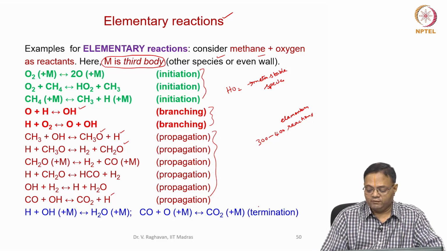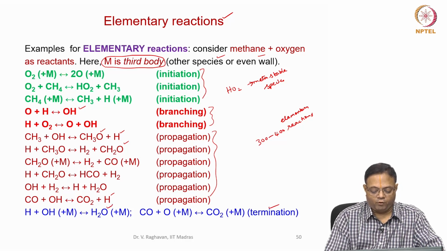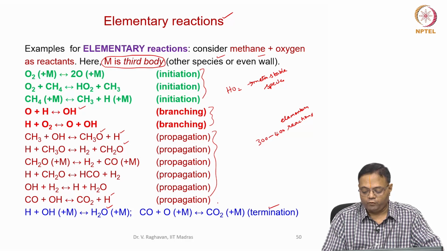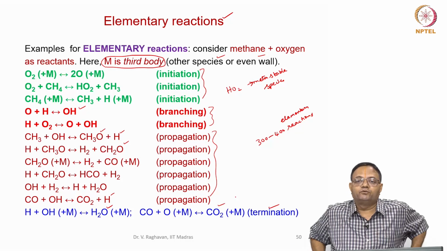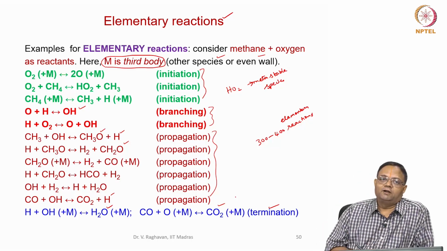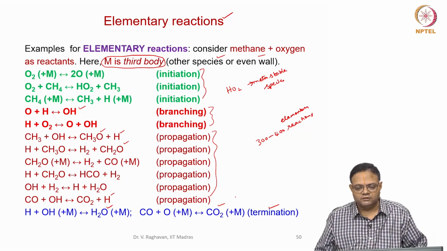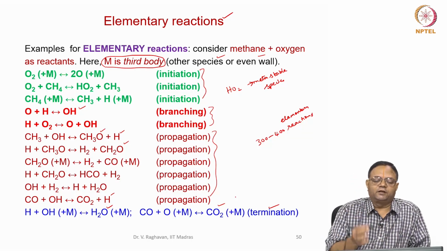Then finally I have the termination, where H and OH combine to form water vapor, CO plus O forms CO2, etc., where you see that the final products are formed and radicals are consumed. When radicals are consumed, the reaction goes to termination. So this is the important thing which you should understand.